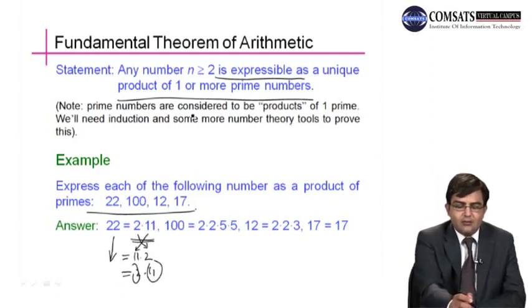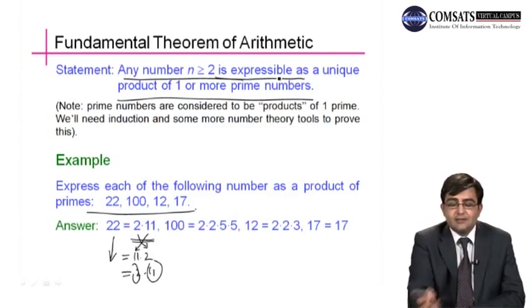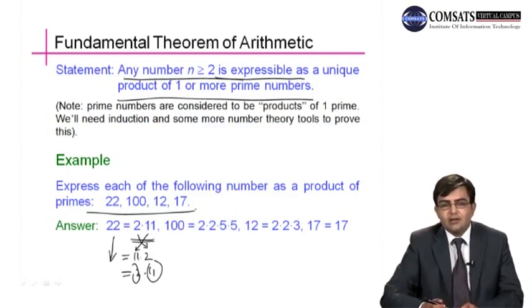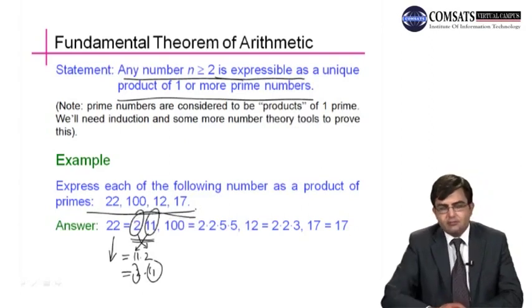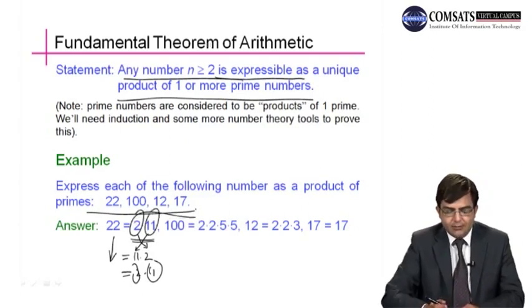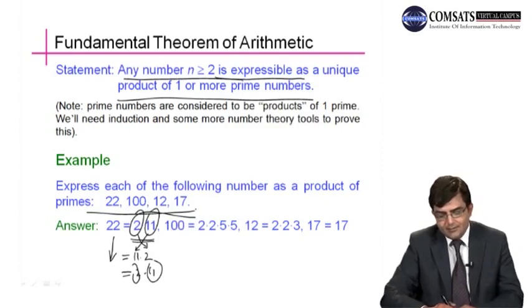So here we say the statement, any number greater than or equal to 2 is expressible as a unique product of one or more prime numbers. So 22 can be written as the product of two prime numbers. There are no other prime numbers which can be used to decompose 22 into a product of prime numbers.